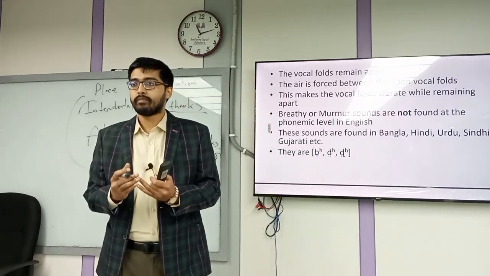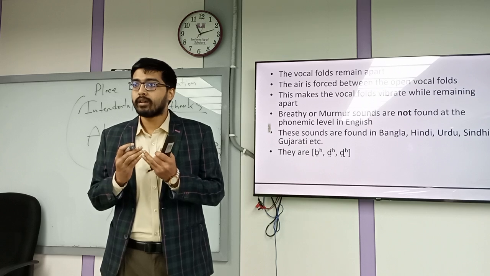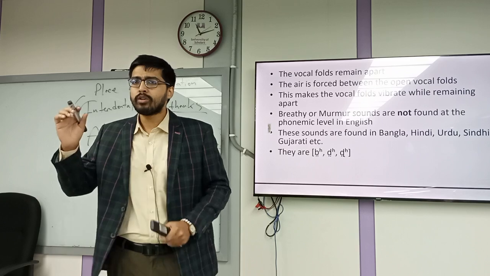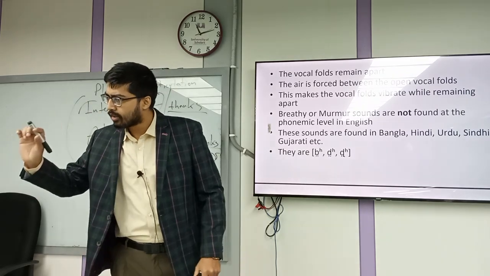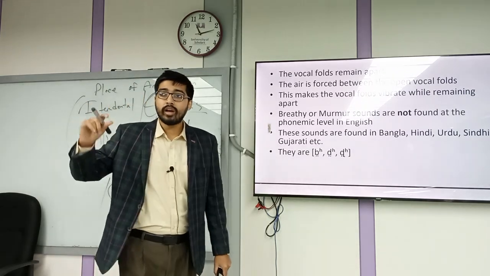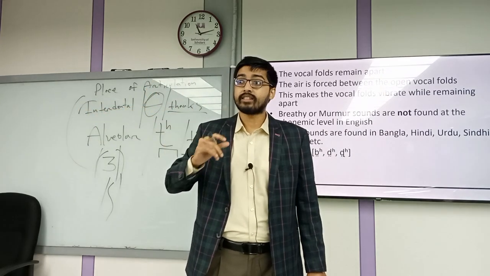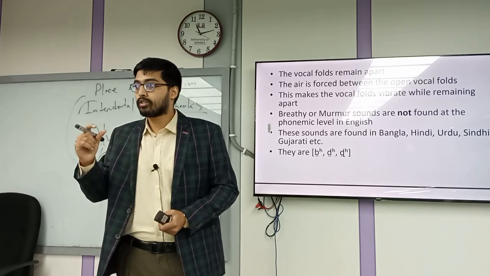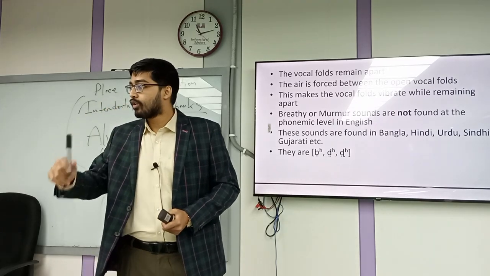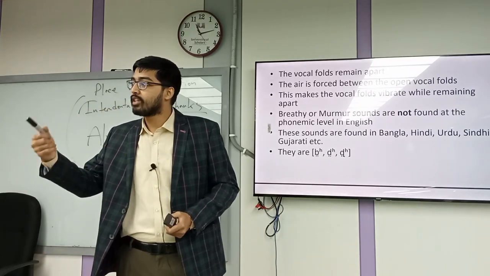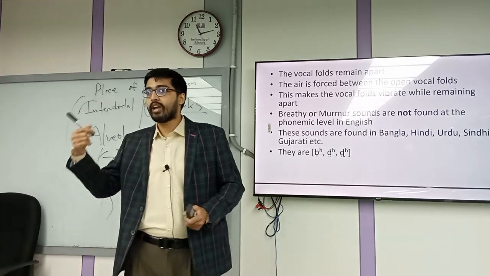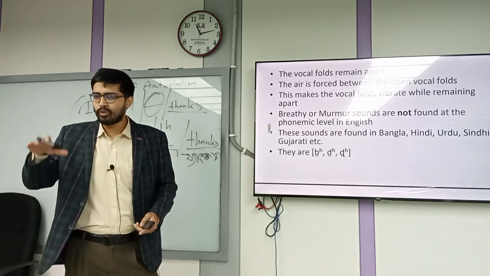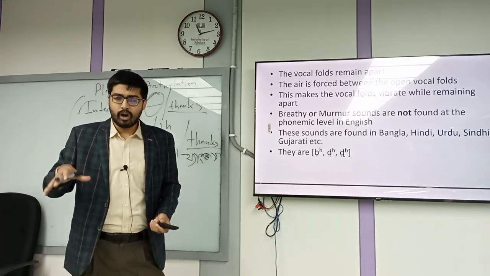The vocal folds remain open, but they do vibrate, to a smaller scale, so the sound does not have that energy or wave to invade your ear or your earbuds. That's why these sounds are calm sounds or horror sounds.